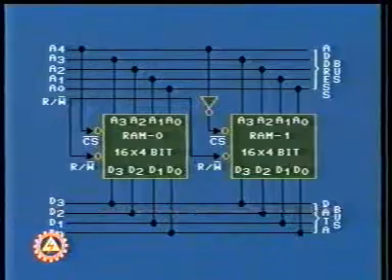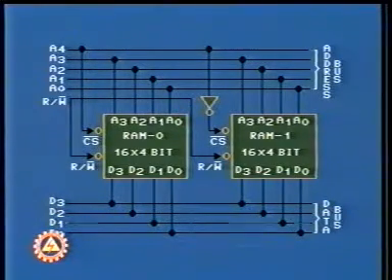In the example discussed, we may view each RAM as providing a page of 16 words, and two together provide 32 words. The address span of RAM 0 is from 0 to 15 and that of RAM 1 is from 16 to 31.